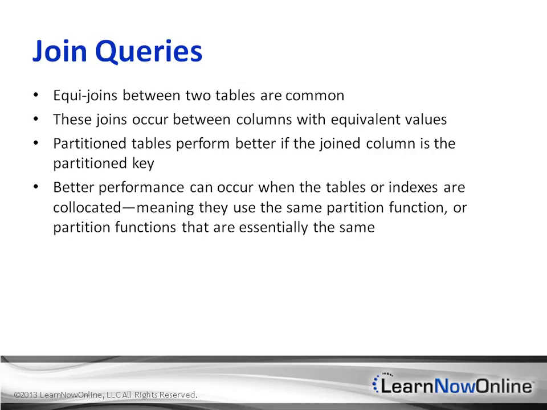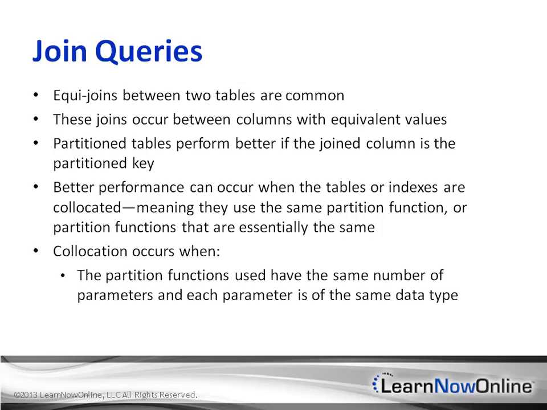You can get even better performance when the tables or indexes are co-located, meaning that the same partition function or partition functions are essentially the same. Co-location will occur when the partition functions used have the same number of parameters and each parameter is of the same data type. Doesn't mean that the columns have to be named the same or anything like that. It just means that they are structurally equivalent.